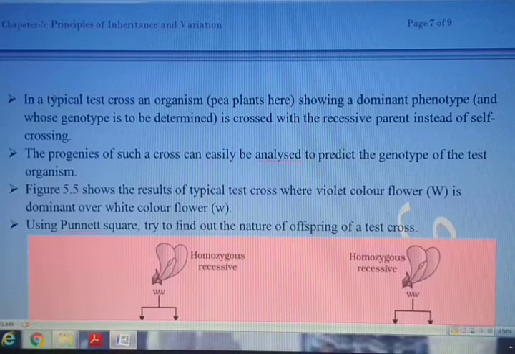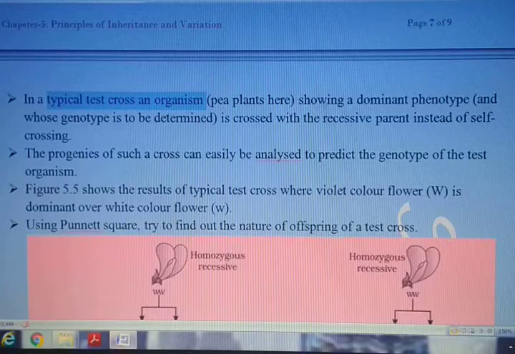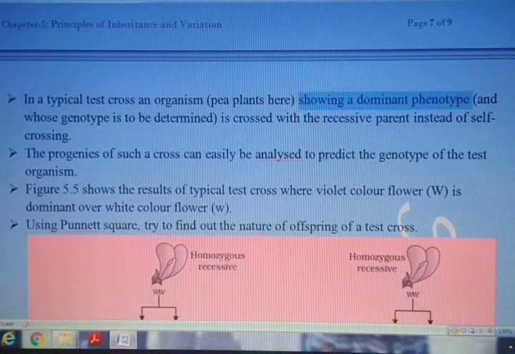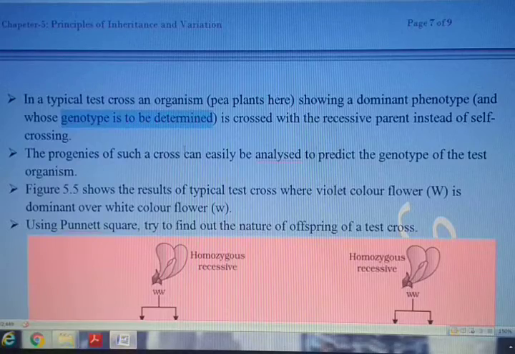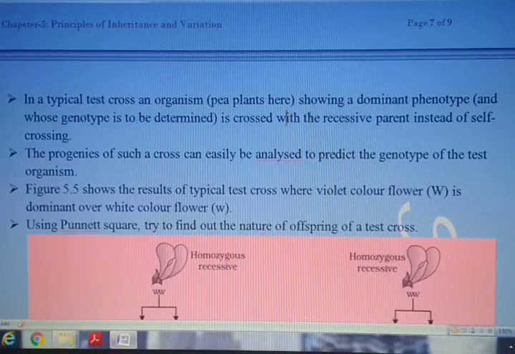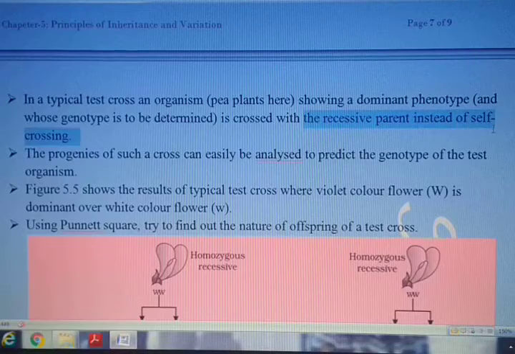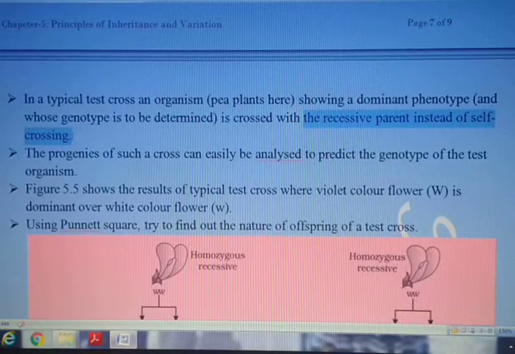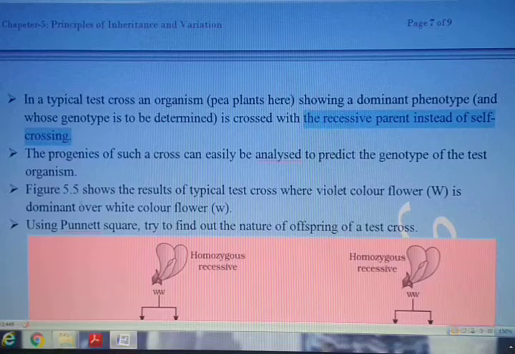In a typical test cross, an organism, here the pea plant, showing a dominant phenotype and whose genotype is to be determined, that is, whose genotype we want to find out, is crossed with the recessive parent, instead of self-pollination or self-crossing.